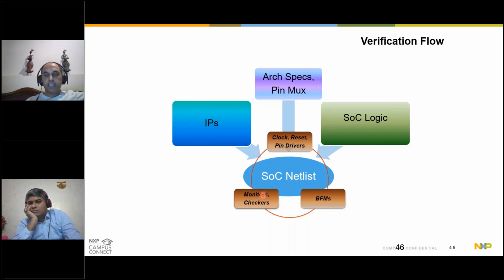It could be AHB or APB or any other crossbar interface. These monitors represent the protocol of those crossbars, and if a transaction happening through that crossbar doesn't meet the protocol specification, these monitors will throw an error, right?